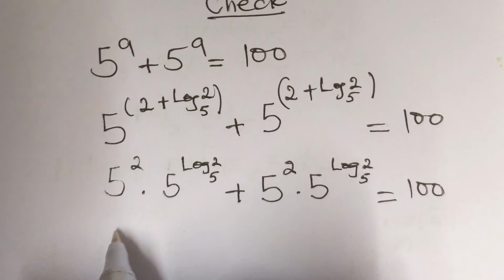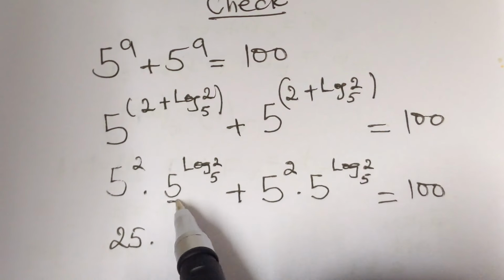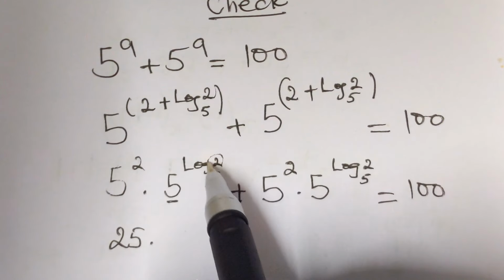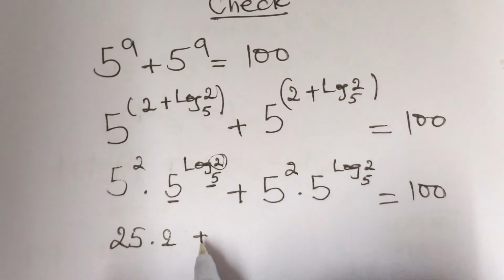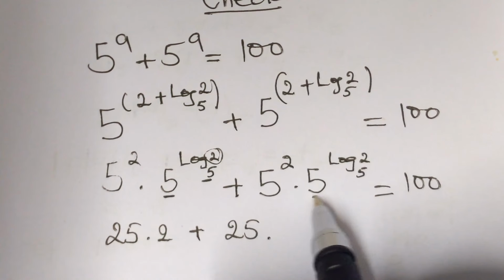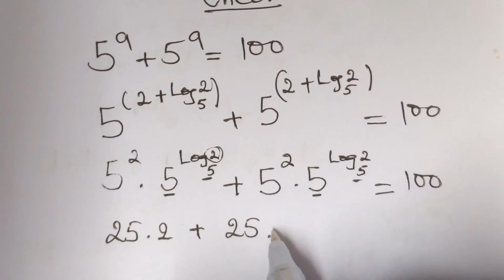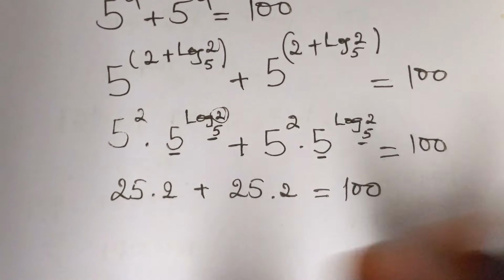Of course, here you have 25 times. Here, if you have same base, the power is the answer, so 25 times 2 plus 25 times 2 equals 100.